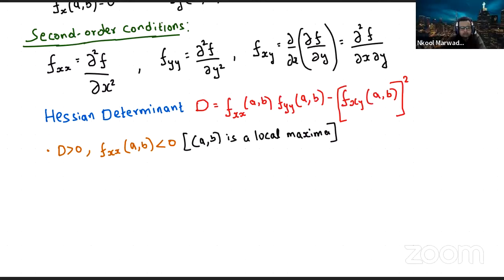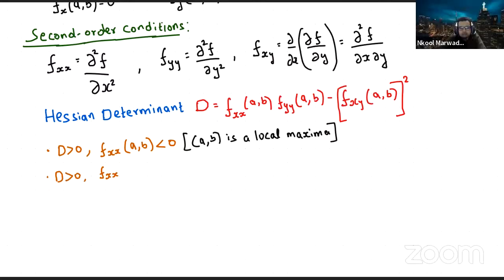Now we can have this capital D greater than 0 and this f of xx also positive. So now we got an idea that in order to determine the nature, we are checking for capital D and fxx.